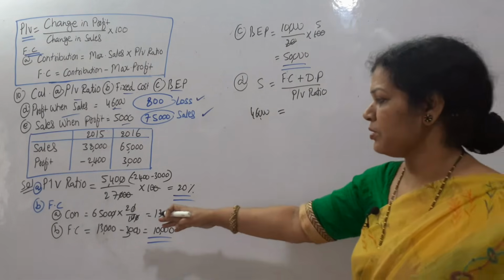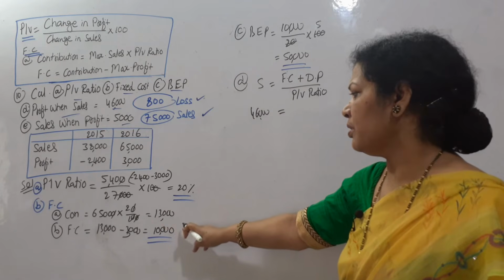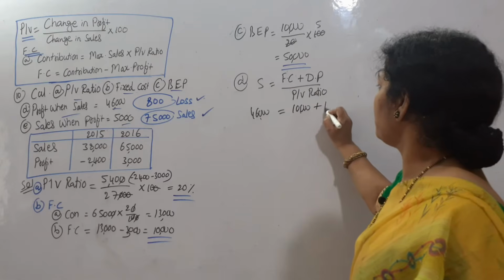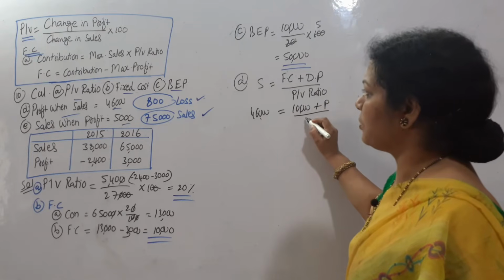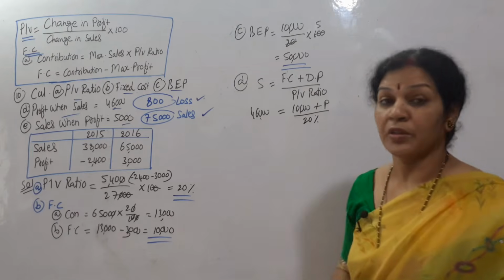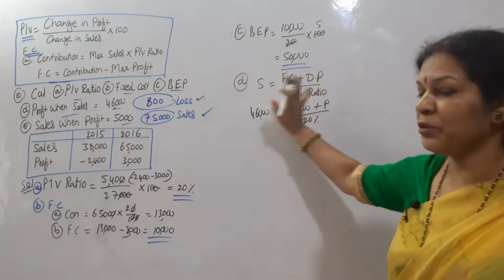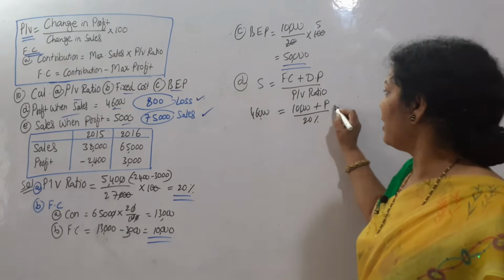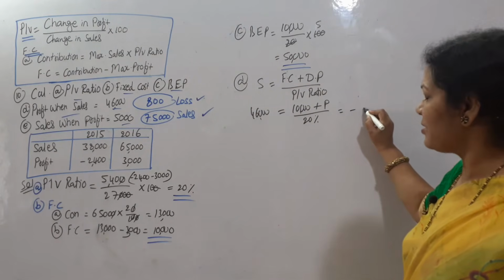Fixed cost is 10,000. We wanted to find the profit by PV ratio, which is 20%. Oh sorry, I have done this problem. You have to work it out now. So anyway, calculations you can do. The answer will be minus 800.